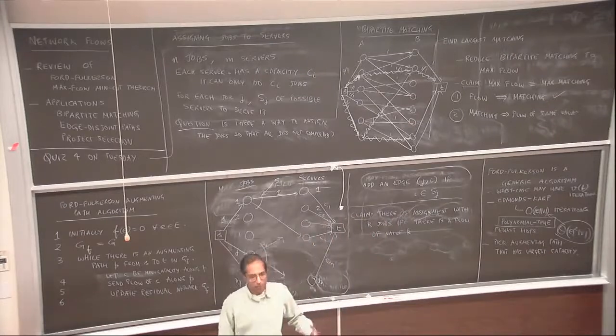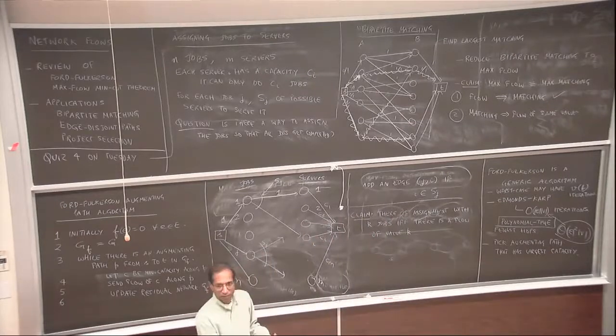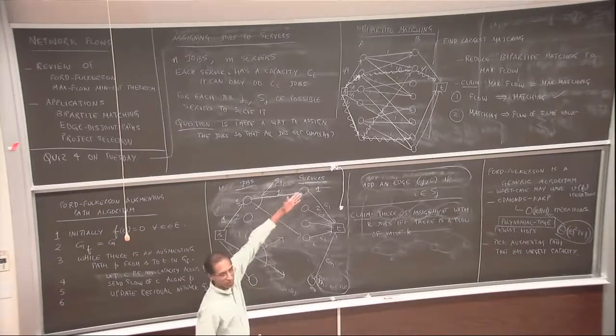That is, every assignment of k jobs corresponds to a flow of value k, and every flow of value k corresponds to an assignment. And it's the same argument that we did there.